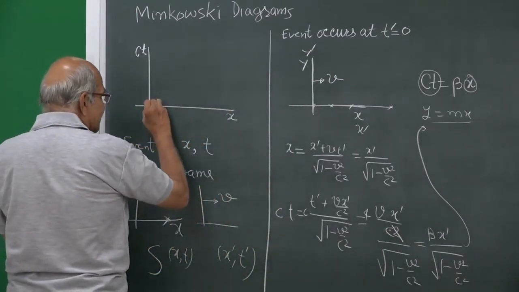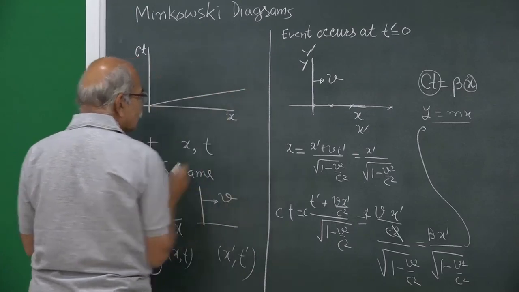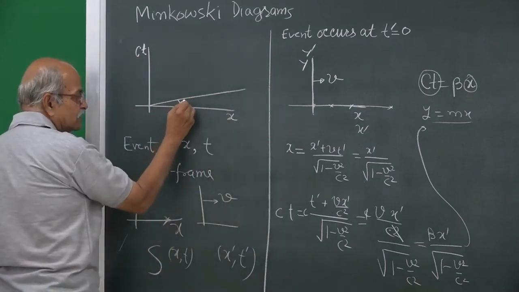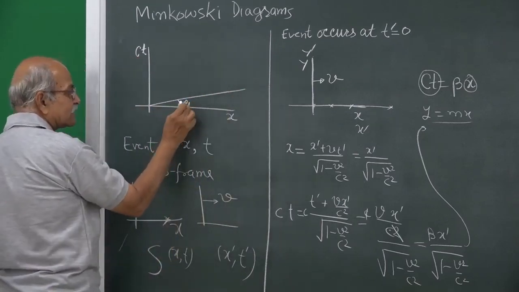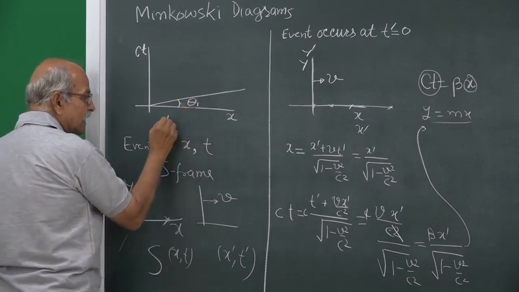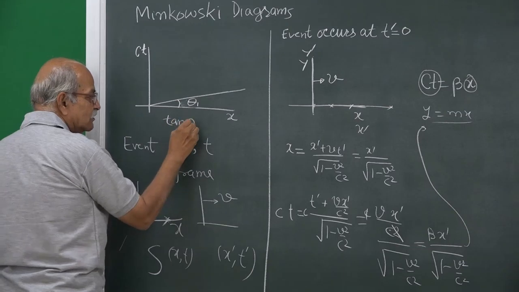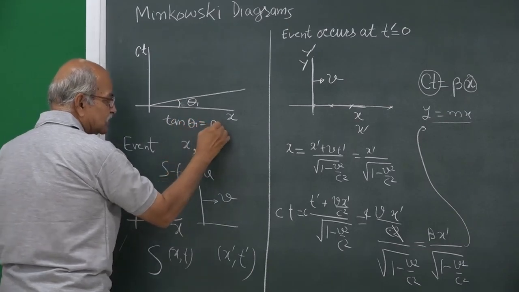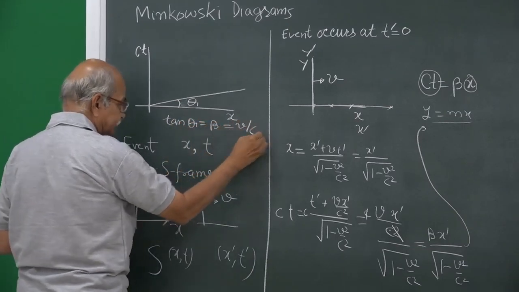I can draw a straight line and this angle, let us call this theta 1, and tan theta 1 will be equal to beta, which is V by C.